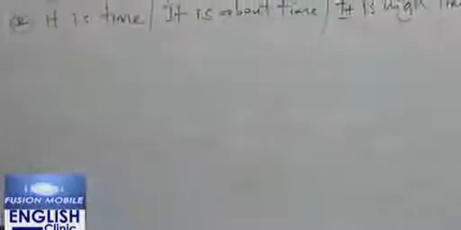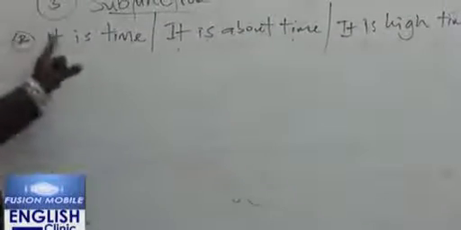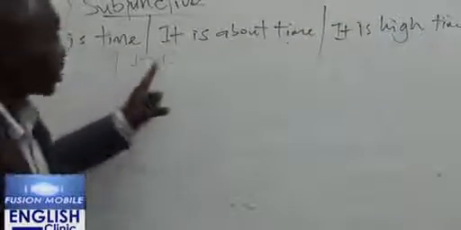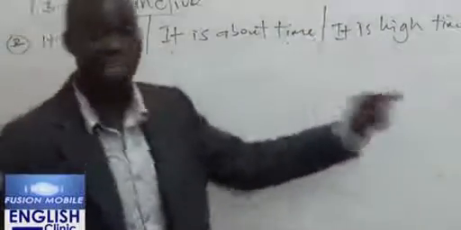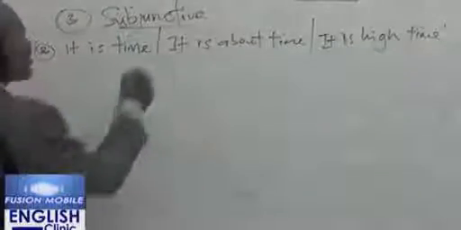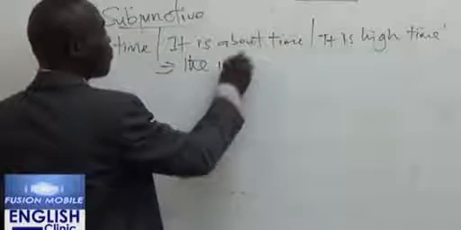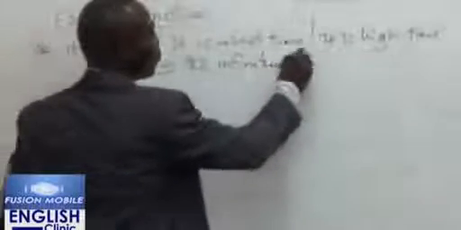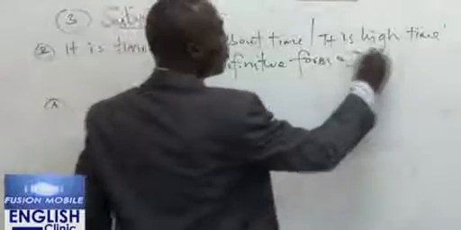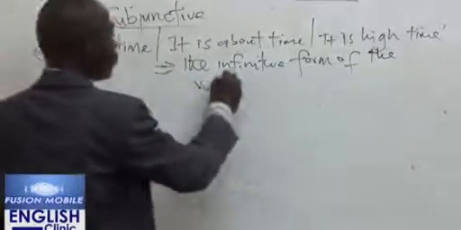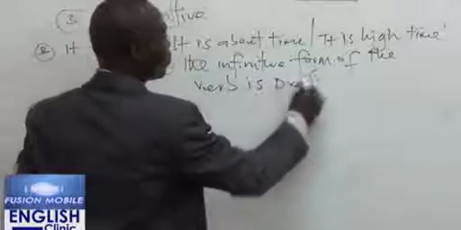Now, when this expression, it is time, it is about time, it is high time, is not followed by a subject, unlike the first one, then the infinitive form of the verb is preferred.